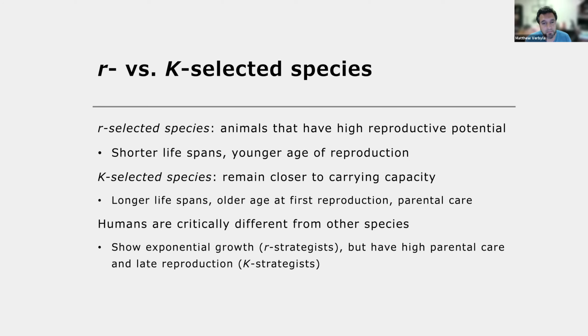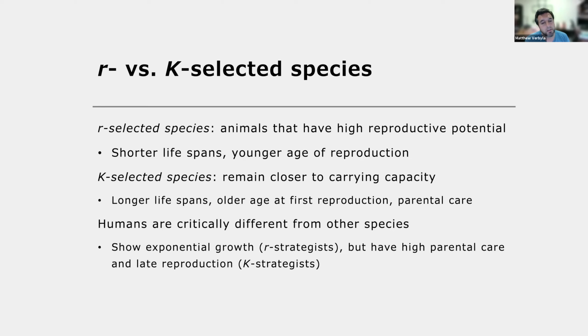A K-selected species would be animals that remain closer to their carrying capacity. They're characterized usually by longer lifespans, having an older age at first reproduction, and relying on parental care. An example of an R-selected species would be rabbits. An example of a K-selected species would be something more like elephants.